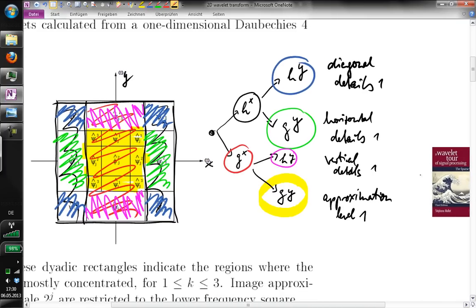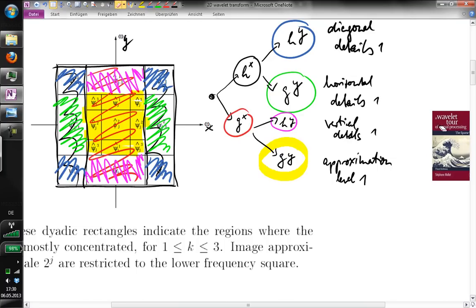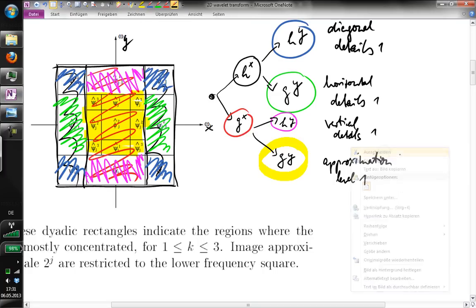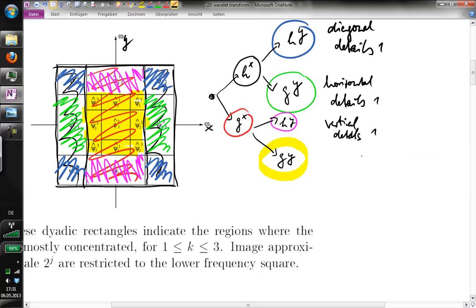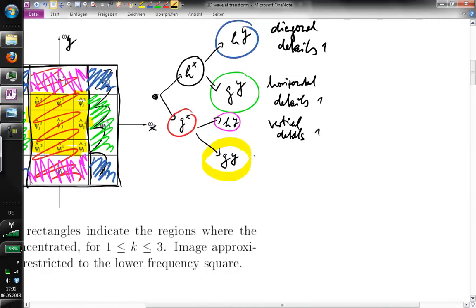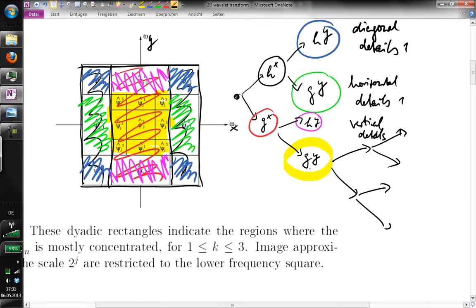Now, if you want to do this recursively, we need to take the current approximation and further split it up. And I won't do it now, but I could draw another tree here, which is actually what has happened here in the center of my plane. So you see that I have another diagonal detail, another horizontal detail, another vertical detail.